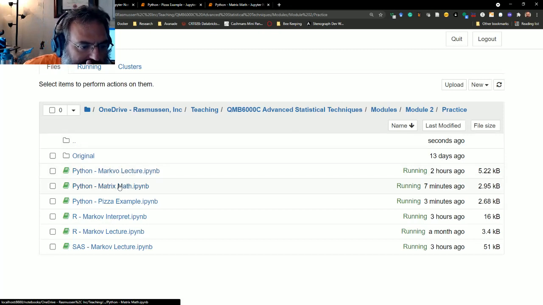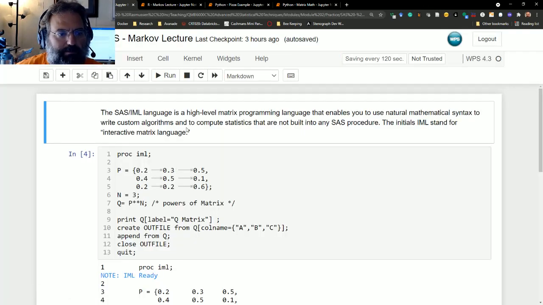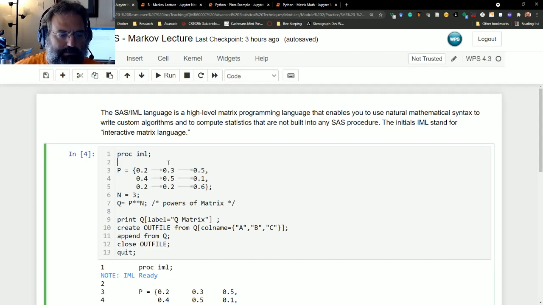Cool. And then we can go ahead and try SAS, our favorite language. SAS has PROC IML, which stands for Interactive Matrix Language, that you can invoke, and it's the same basic scenario, right?